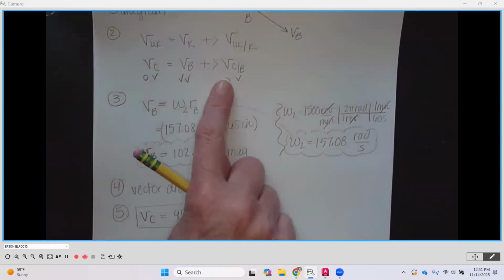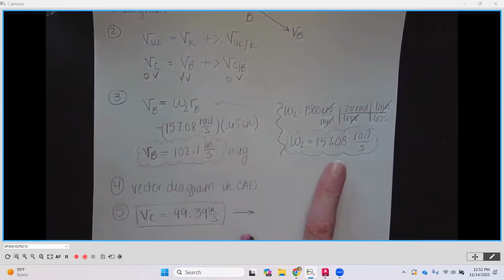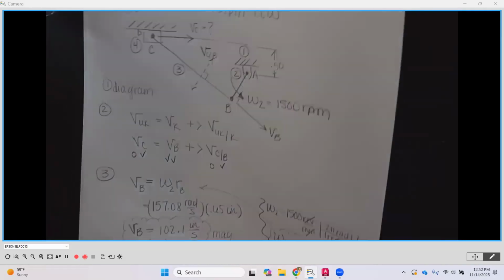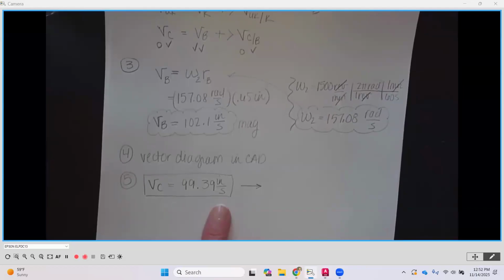So writing out the vector equation, calculating for the velocity of B, converting our RPMs to radians to use them in that equation, and then what your final answer is, including the direction. Okay. Make sure that you scan this as well as the screenshots for our CAD work, and then you should be all set. So that is problem number 621, top to bottom.